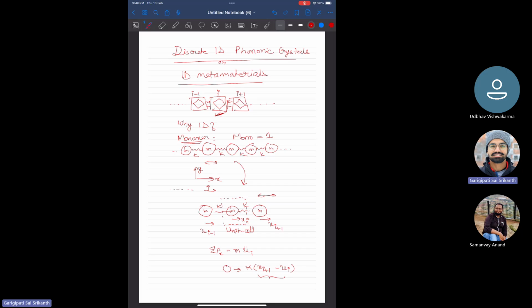Similarly, you can write the force towards the left as u of i minus 1 minus u of i.